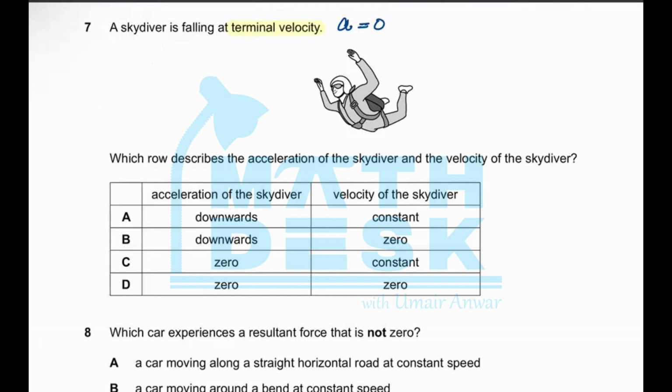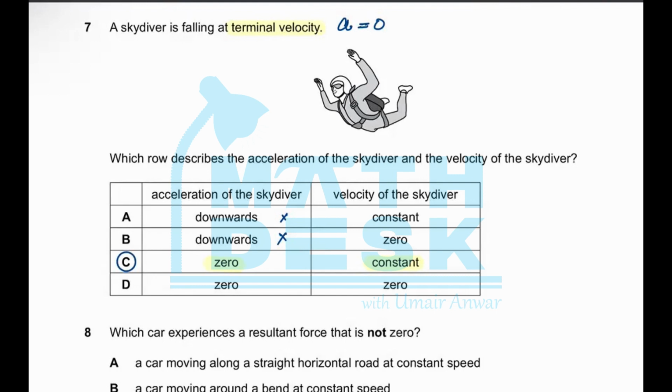So acceleration of the skydiver is not downwards, it has to be 0. So it could be either C or D. Now, according to the concept, the velocity of the skydiver should be constant. It should not change. So constant velocity and 0 acceleration describes the movement of the skydiver. So the option C would be correct here.